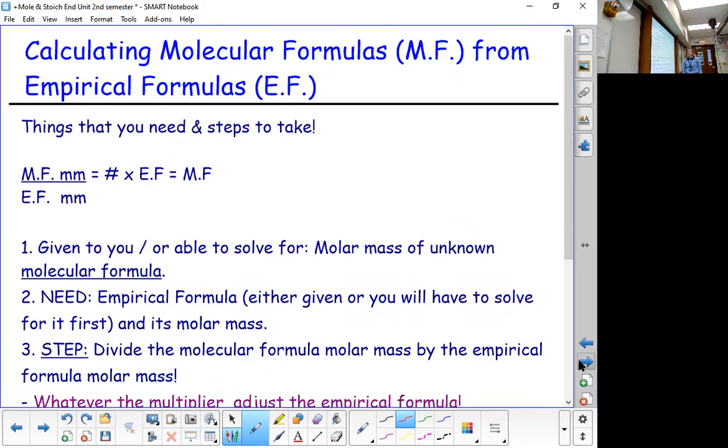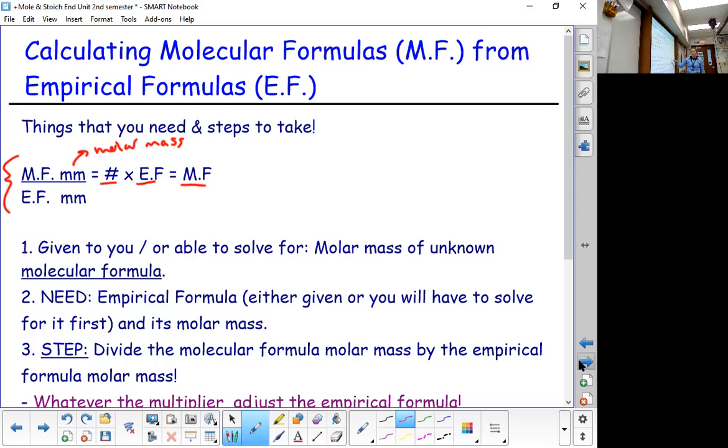So to get to the molecular formula from the empirical formula, things that you need to know. Basically, it's just a proportion of the molecular formula molar mass to the empirical formula molar mass. You're going to get some number. It's either 1 or more than 1, and then you multiply by the empirical formula to get the molecular formula.